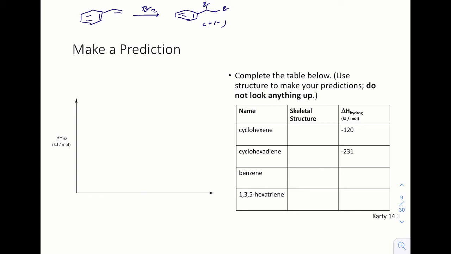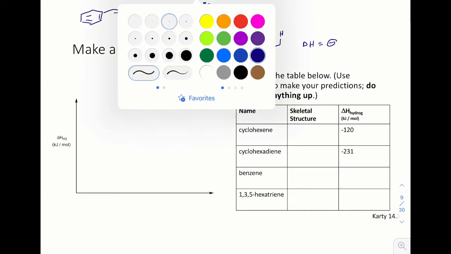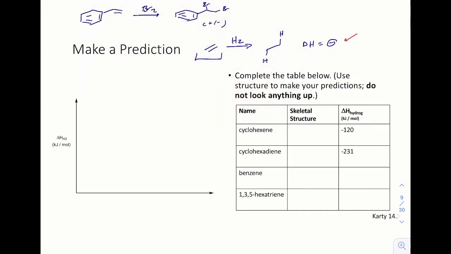We're going to use heats of hydrogenation again, so again, taking alkenes and adding hydrogen gas to them. And then the amount of heat released informs us about the initial stability of the alkene. The less exothermic, the more stable or lower energy the initial alkene was.